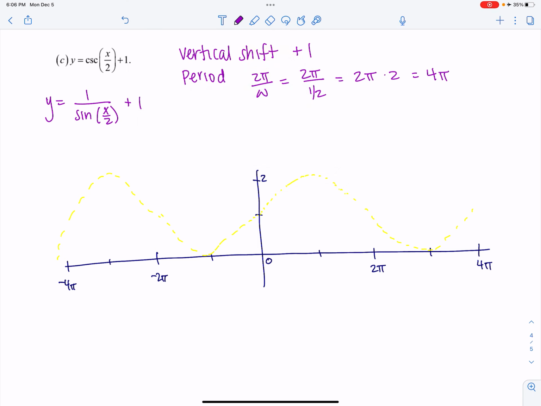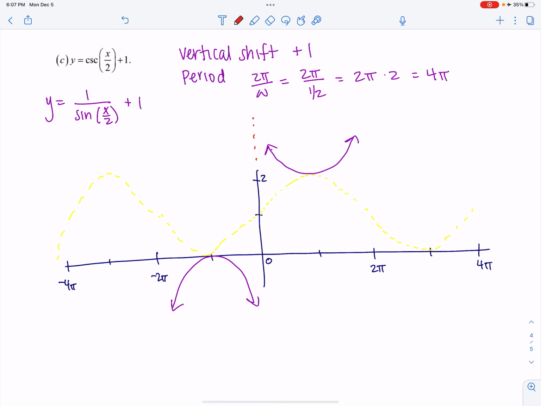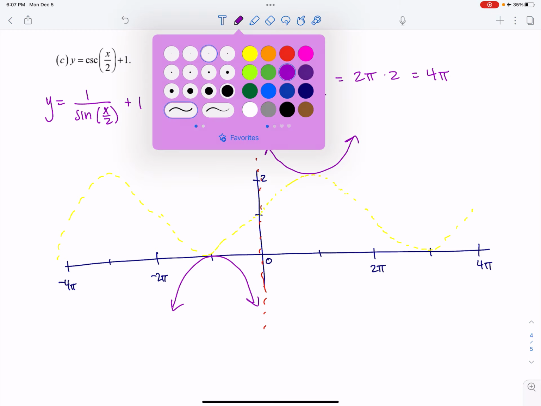Now, since I'm doing 1 over sine, everywhere I see these values, I'm going to invert them. And anywhere like this, where my graph isn't connected, I know it's reaching its asymptote.